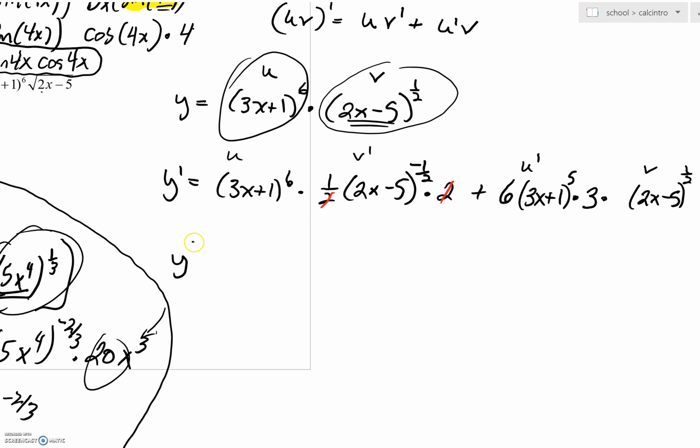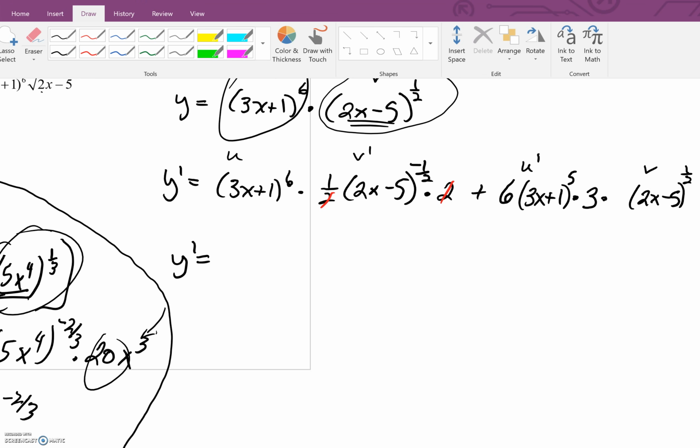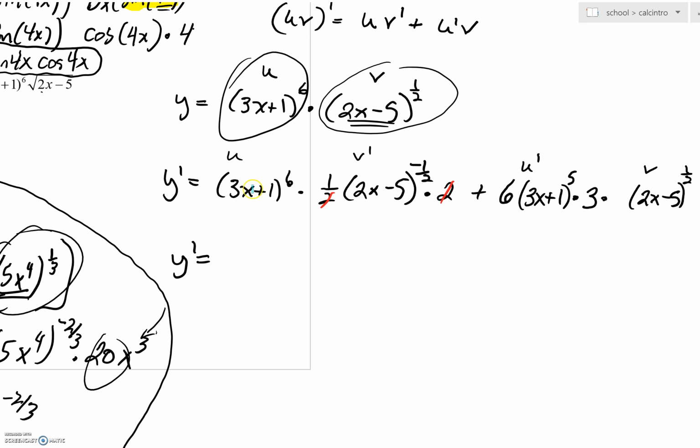Instead, you want to say, what could I factor out of everything? So here's what I want to show you. First, you're going to see that both of these groupings have a 3x plus 1 to a power. Both of them have that. Now, what could I take away from both of those?